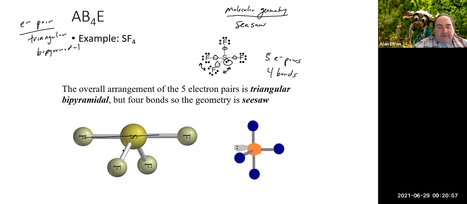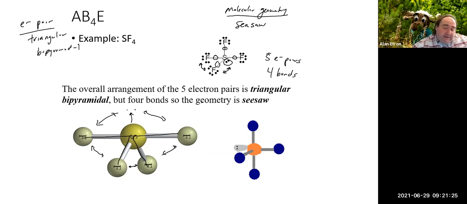It looks like a seesaw, teeter-totter, whatever you like to call it. It creates this seesaw with our non-bonding electrons coming in this direction, trying to get away from each other. This is the consequence of adding more guys: they have to keep distances from each other and also from our non-bonding electrons.